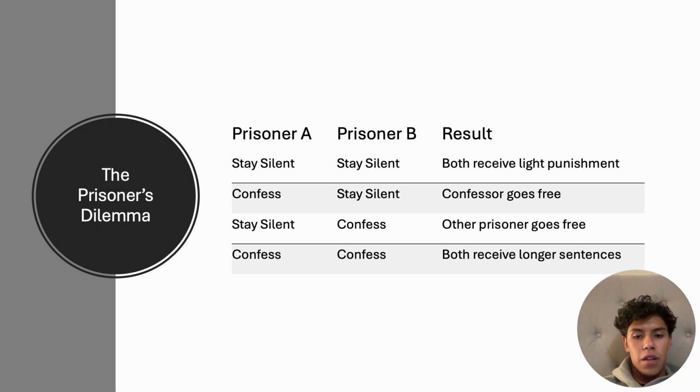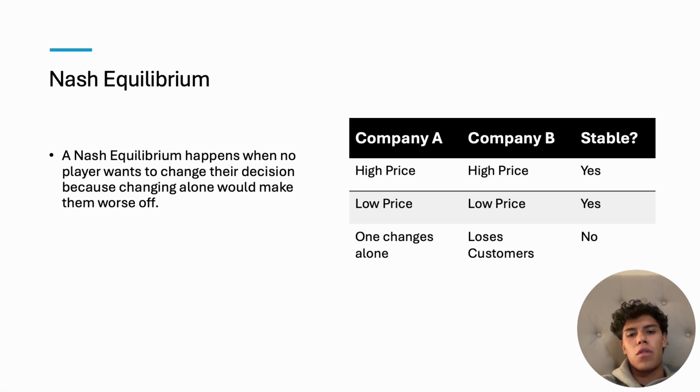The interesting part is that even though both prisoners would be better off cooperating by staying silent, they often choose to confess because they are thinking about protecting themselves. This example teaches us that people sometimes make decisions that seem best for themselves, even if cooperation would produce a better result for everyone.